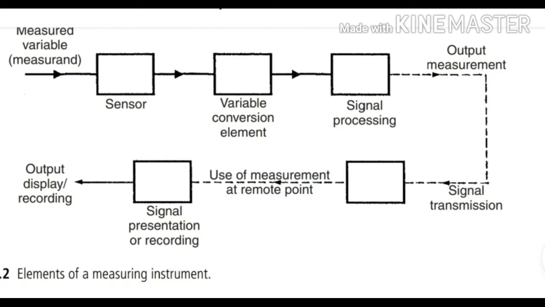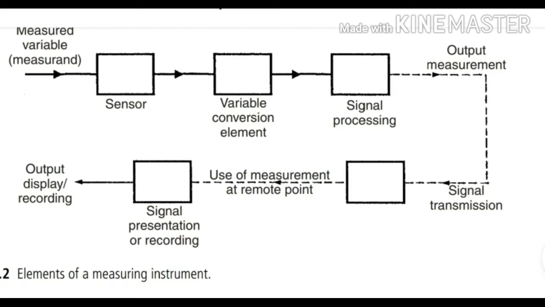So in input stage, the quantity under measurement means the measurand, means what exactly you are trying to measure. So that physical quantity is coming and interacting with an instrument. In input stage, basically your input, the quantity under measurement is coming in contact with your device or mechanism.